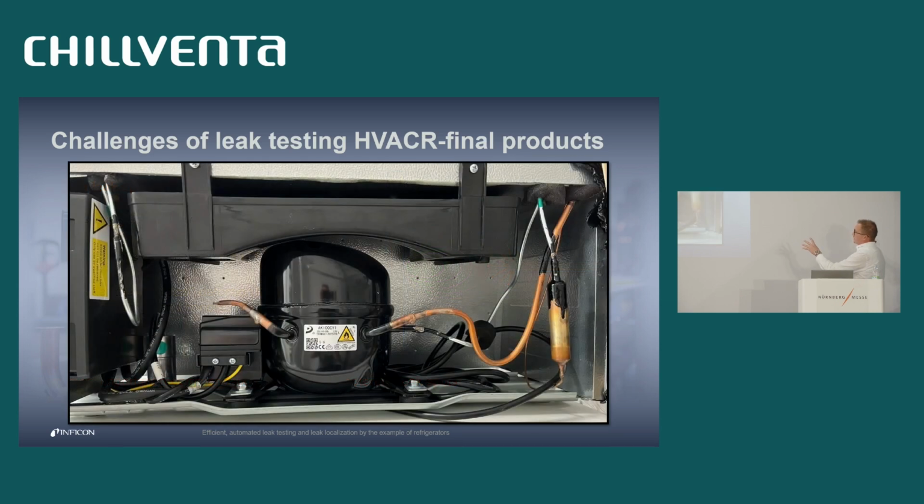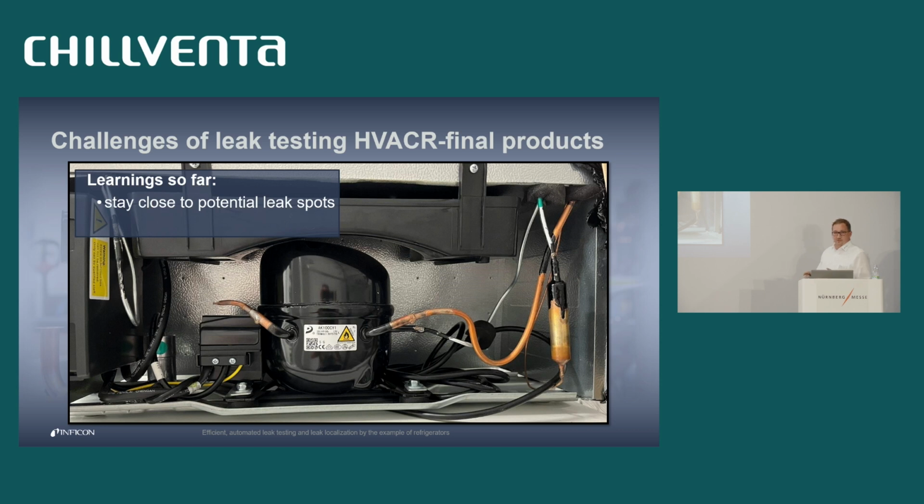Okay, if we now look at a typical application, there's this so-called engine compartment of a fridge, where you have the backside of a fridge, with all these joints which need to be tested, and all these joints are handmade. So you have huge production tolerances. Let's have a look.